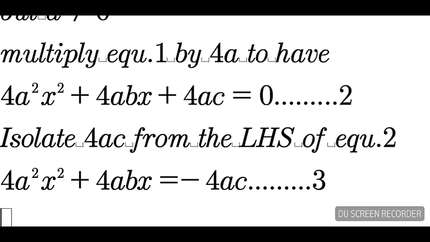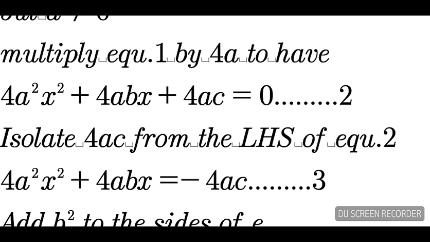Now let us add the square of the middle term from the first equation, that is the square of b. So we add b squared to both sides of equation 3.